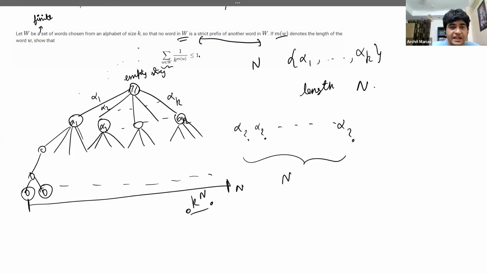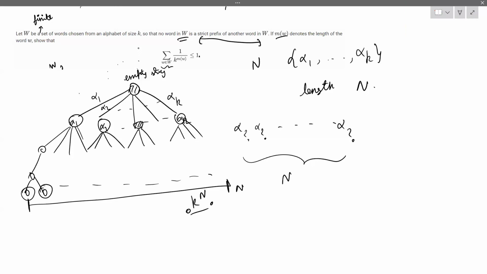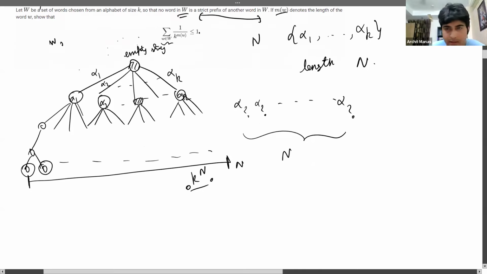Okay, what does it mean for a word to be a prefix of another now? They'll be on distinct vertices, having distinct values. Right, okay. But what encodes really the fact that it's a prefix of another? It is on the level above it. Okay, but you could also have, for example, okay, let's actually work with an example.